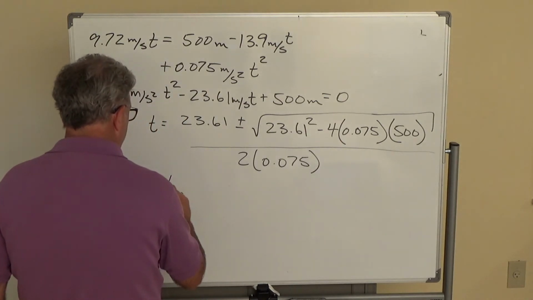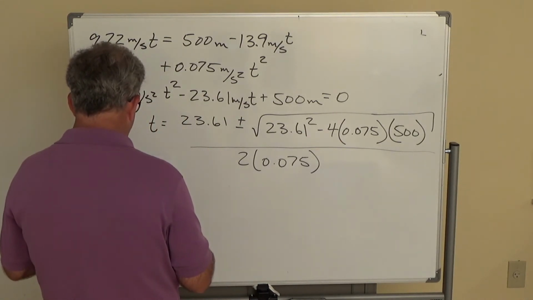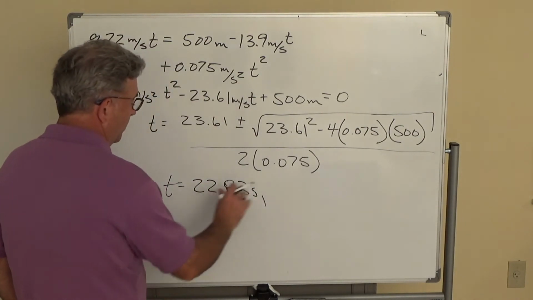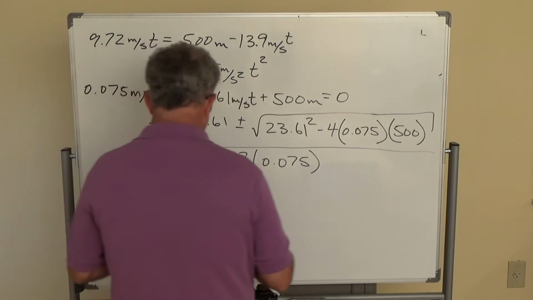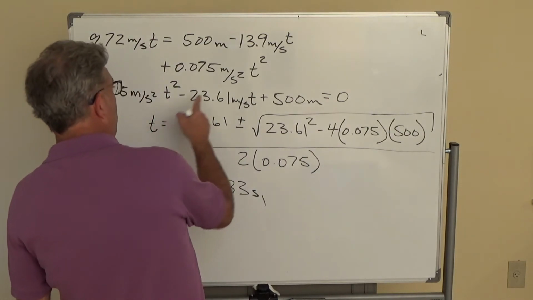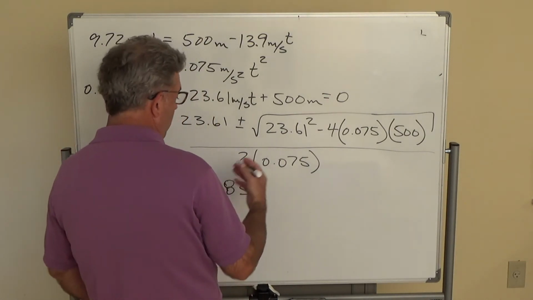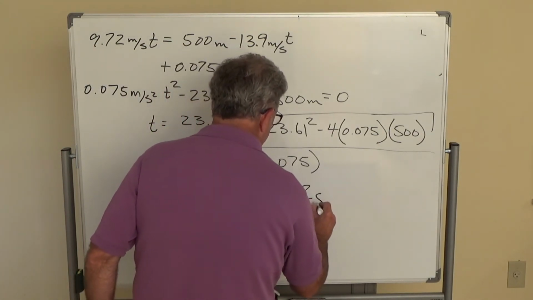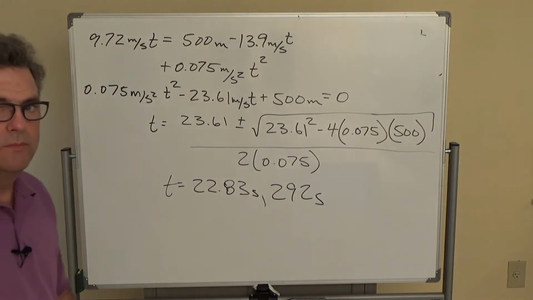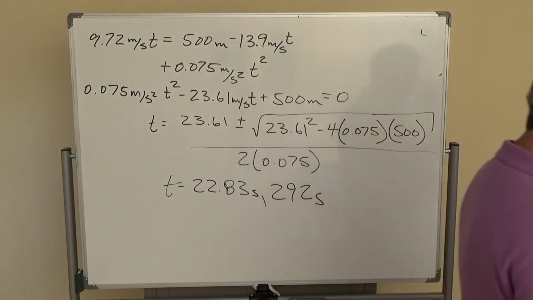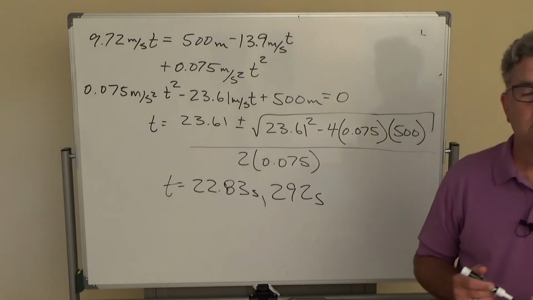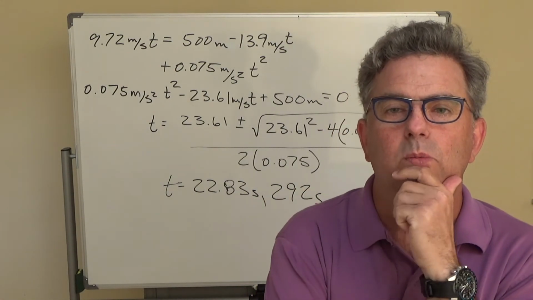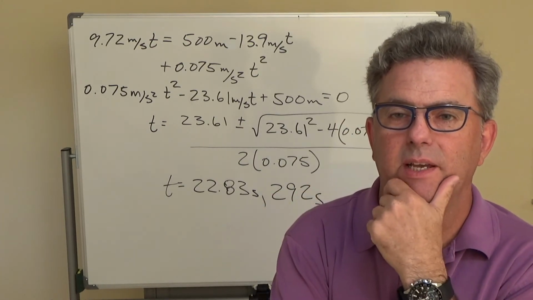And I get t is equal to 22.83 seconds. That's one answer. If it's a polynomial of order 2, you always get 2 answers. The other answer is 292 seconds. Anybody got an inkling on which time we should choose? Or what do the times have to do with the physics, I guess I'm asking.